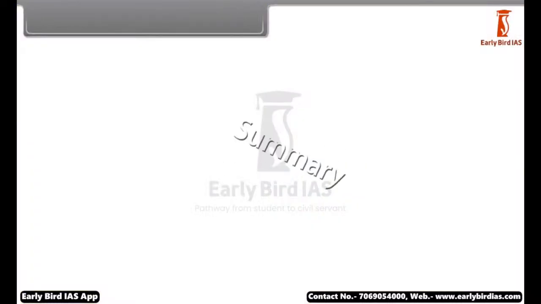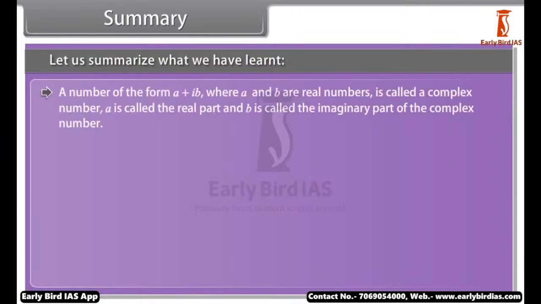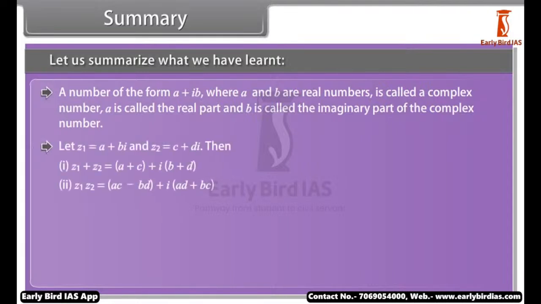Summary. Let us summarize what we have learned. A number of the form a plus b iota, where a and b are real numbers, is called a complex number. A is called real part and b is called the imaginary part of the complex number. Let z1 is equal to a plus b iota and z2 is equal to c plus d iota.